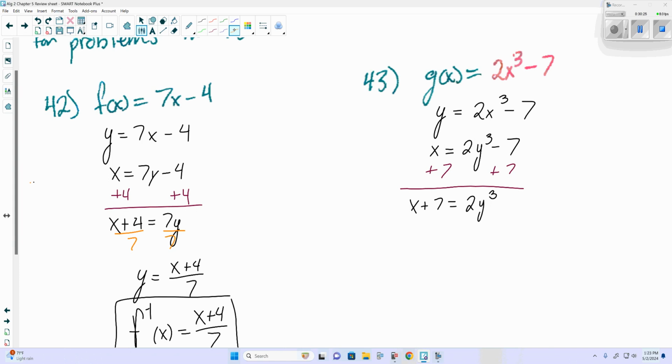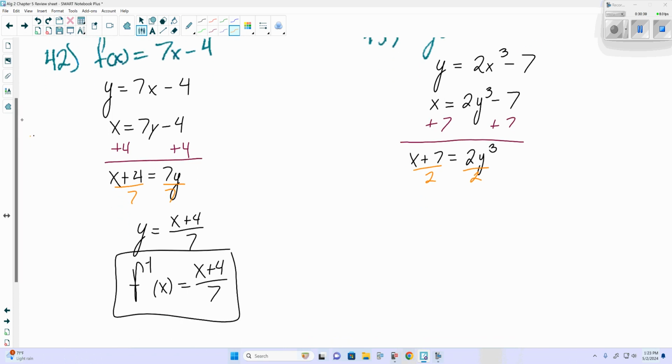Divide by 2. We want to divide because addition, subtraction, we do all of that first to get y by itself. Then multiplication, division. And if we can't do any of that, then we go to our powers. Because now we have y cubed is equal to x plus 7 over 2.